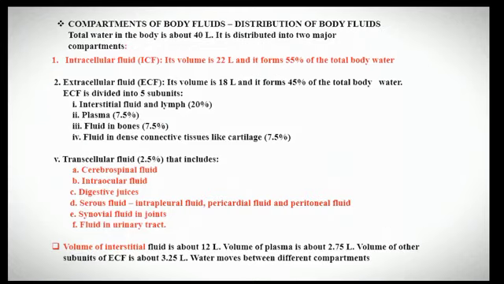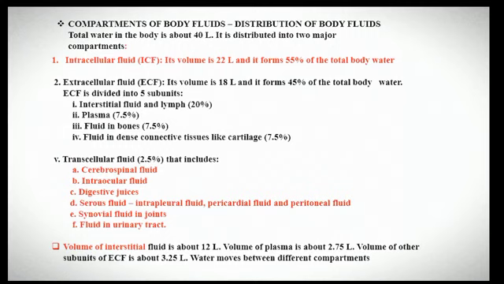One of the number one objectives that I told you from the beginning we are going to achieve is that you should be able to write a short note on the compartment and distribution of body fluid in the body. Note that the body is made up of about 40 to 45 liters of body fluid in a human being.